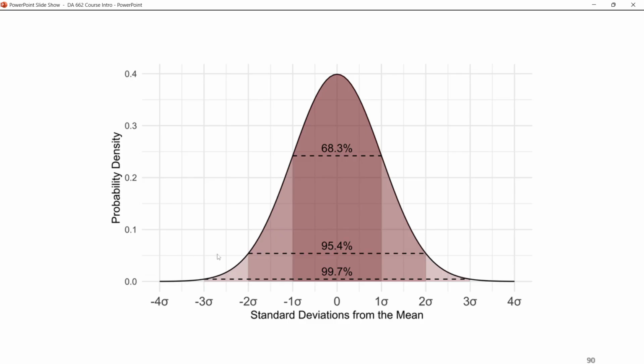Now, 99.7% of observations are between -3 and +3 standard deviations above or below the mean. But the normal distribution actually has support all the way down to -infinity and all the way up to +infinity. So any number could happen. They just are incredibly rare in a normal distribution.